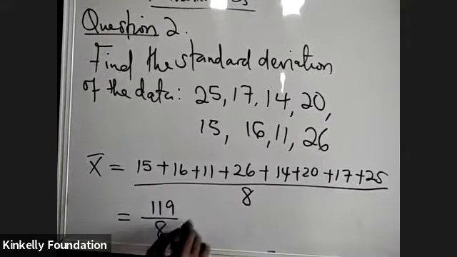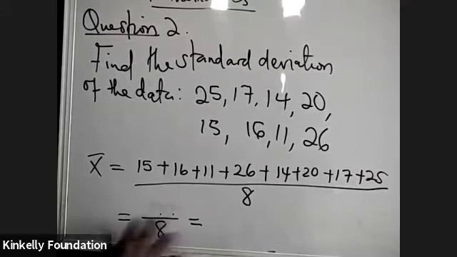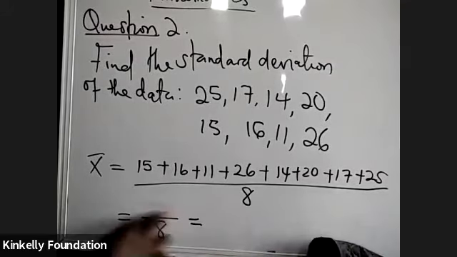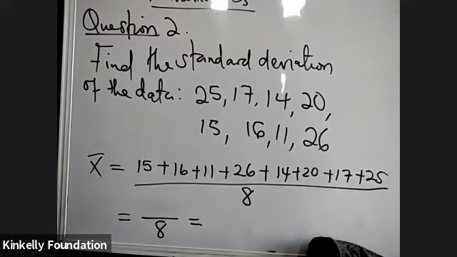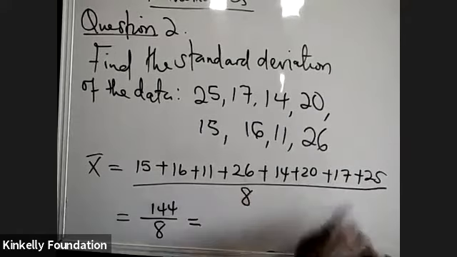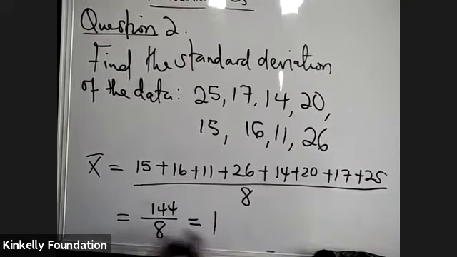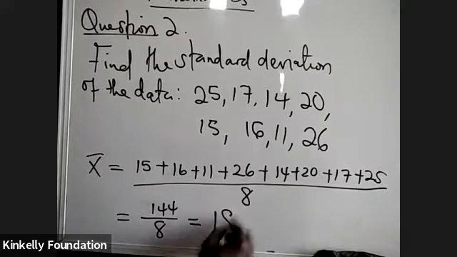Another person should confirm it. All over 8, what do we have? No, it's not correct. I've not added the 25. So the sum is 119 plus 25, which is 144, divided by 8. This gives us 18. Now, this is the mean.